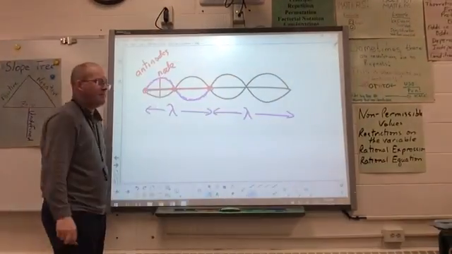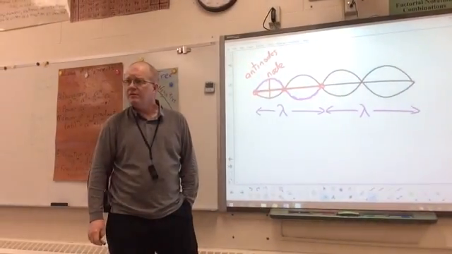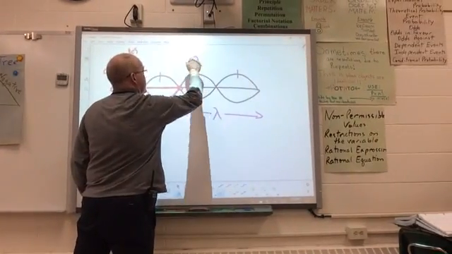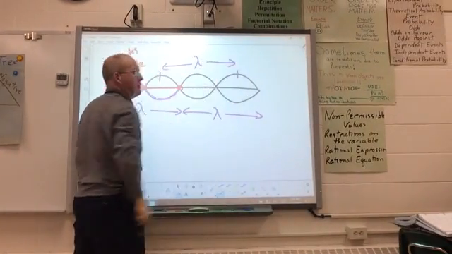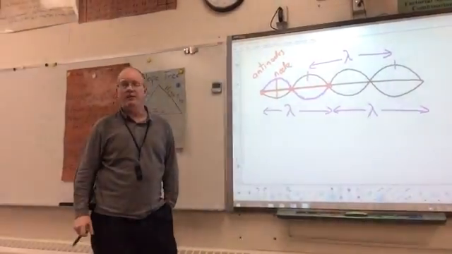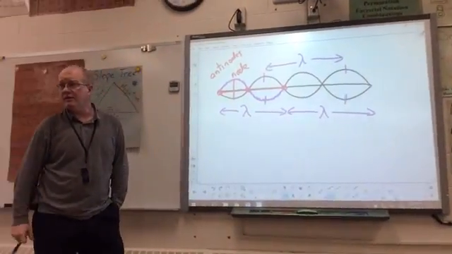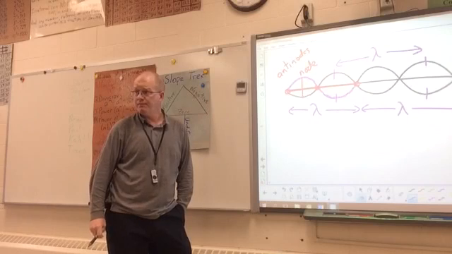Some people will say that's a pain to measure from center to center because you got to get there. It's a lot easier to measure from peak to peak. Some people will measure peak to peak. Some people will measure trough to trough. Doesn't really matter as long as you get one whole wave repeating itself.